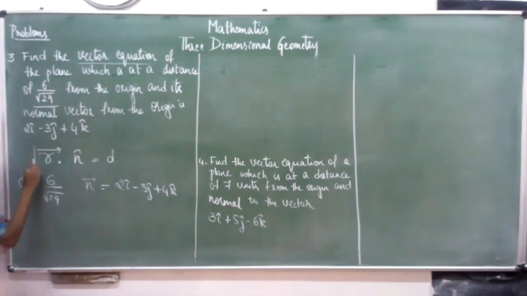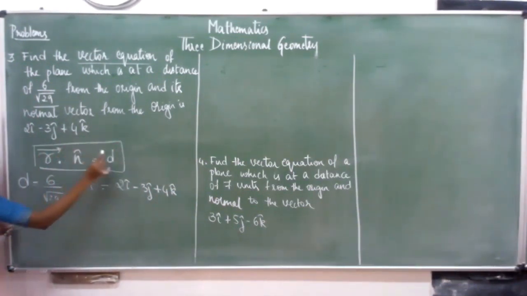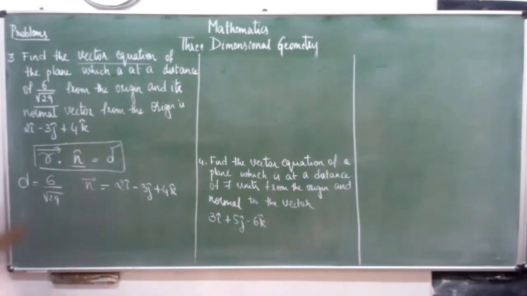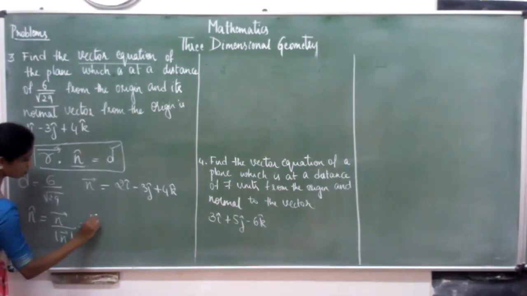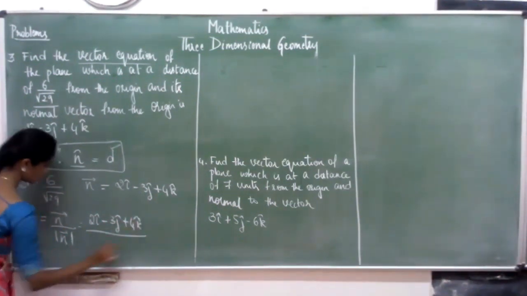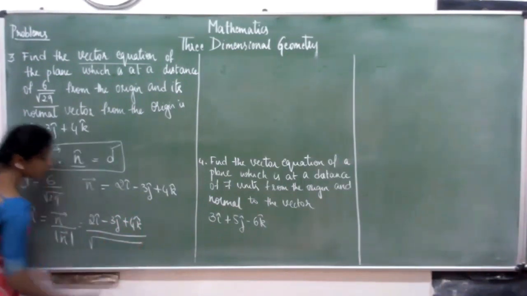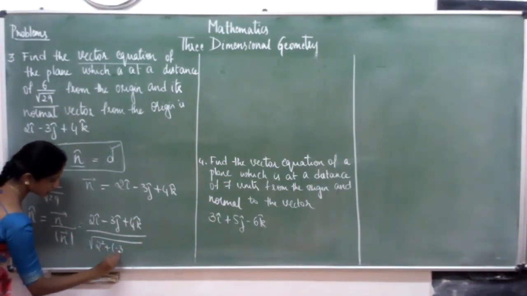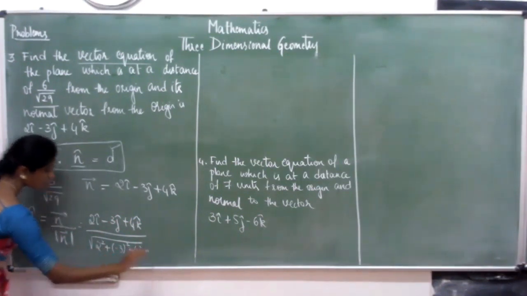So in order to find the vector equation, we know what vector r is, what distance d is. We need to find the unit vector. So we already know how to find a unit vector. Unit vector is given by vector n divided by magnitude of vector n. And vector n is equal to 2i cap minus 3j cap plus 4k cap divided by magnitude, which will be equal to root of 2 square plus minus 3 the whole square plus 4 square.